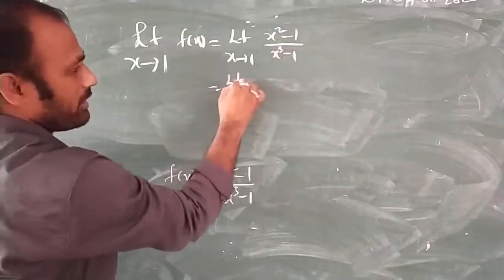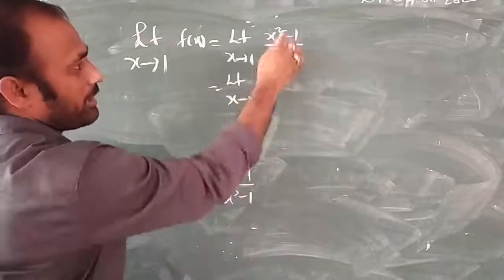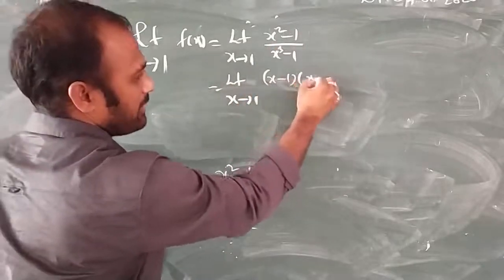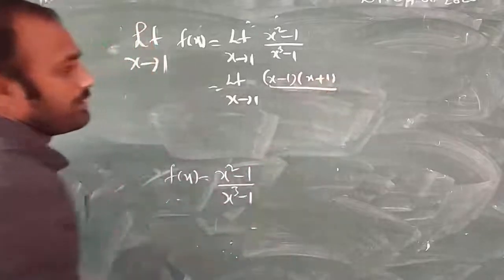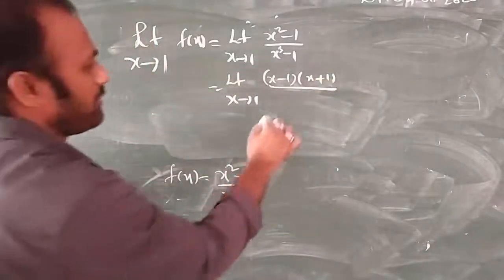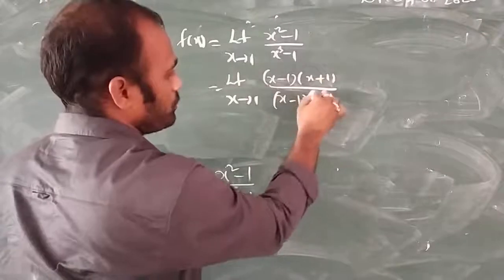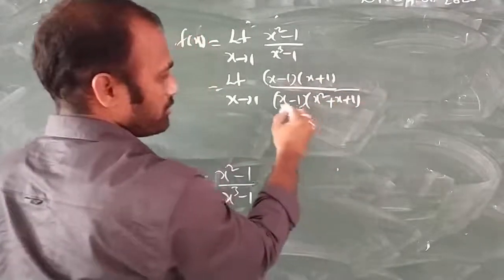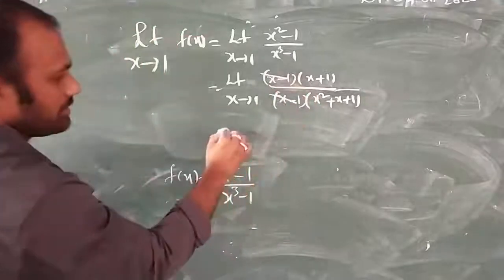Here x square minus 1, a square minus b square, can be written as a minus b into a plus b. a cube minus b cube can be written as a minus b into a square plus ab plus b square. So x minus 1 gets cancelled.